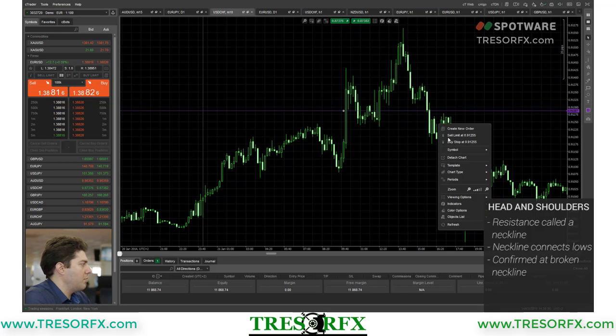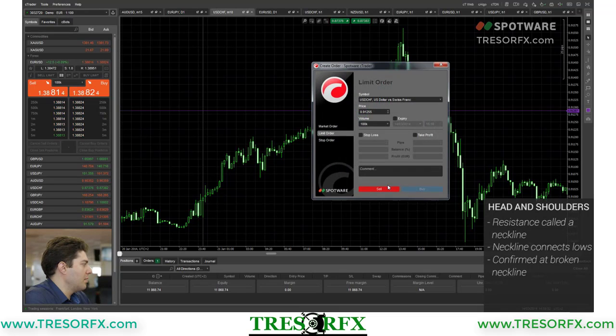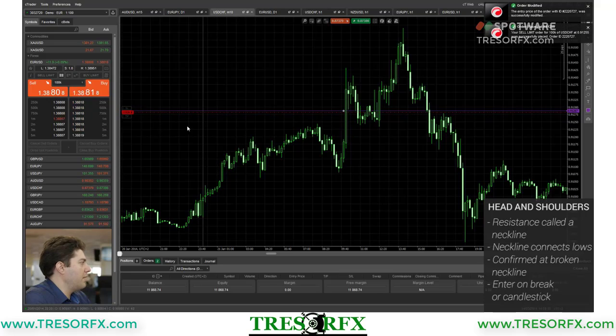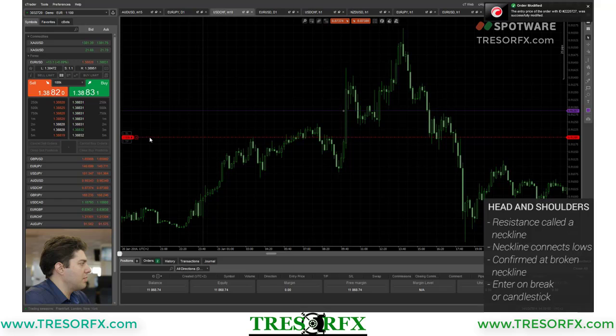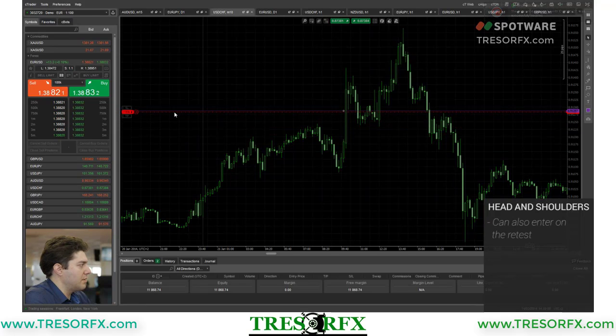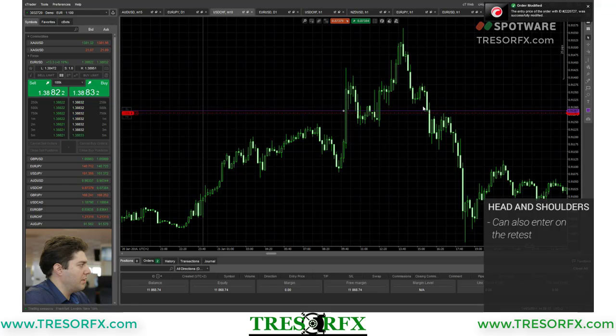I'm going to show you how we enter. Again, you can enter immediately on the break, like this. You can enter on the first candlestick that is plotted below the trendline here. Not recommended with this kind of pattern because you go very low. Or you can enter at the retest, which is here when it goes up and retests the support.